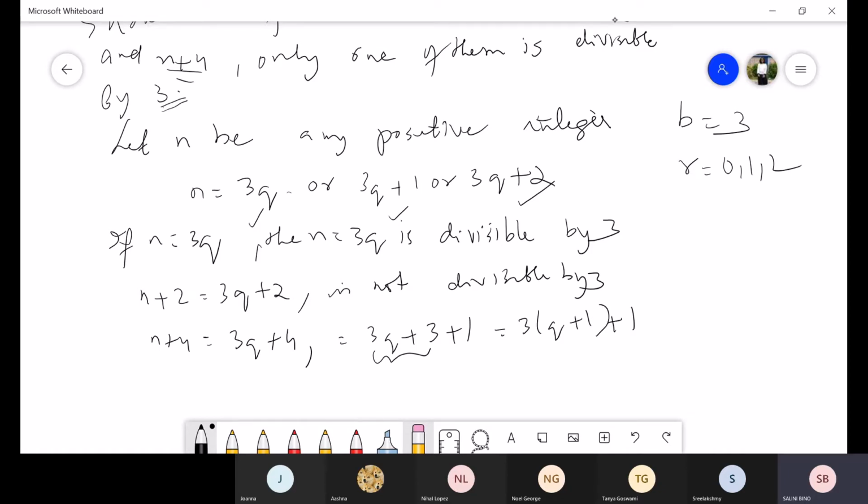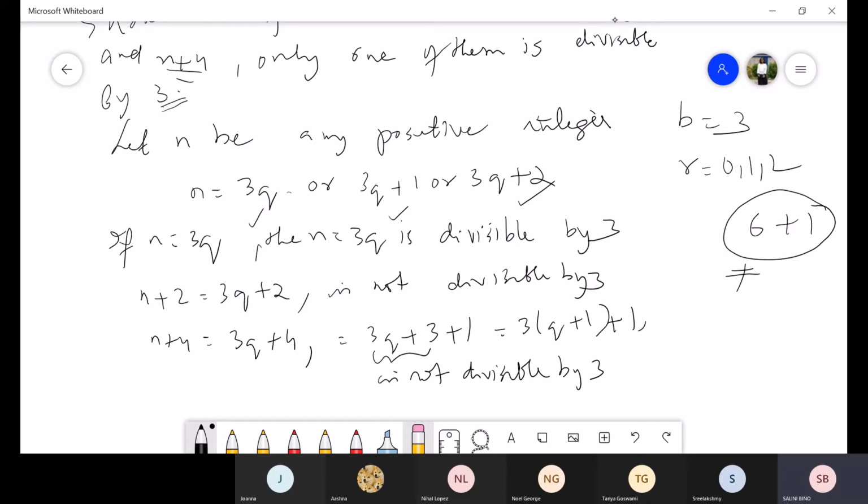So 3 into some number, but you have one more, plus 1. That means it is not divisible by 3. For example, you have 6. 6 is divisible by 3, but if it is 6 plus 1, then it will become 7 and it is not divisible.